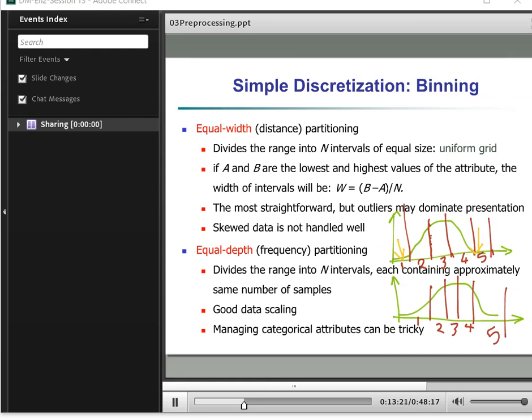For example, in this example here, we can see that the widths of the first and the last bins are wider than the width of, for example, bin number 3 or bin number 4.